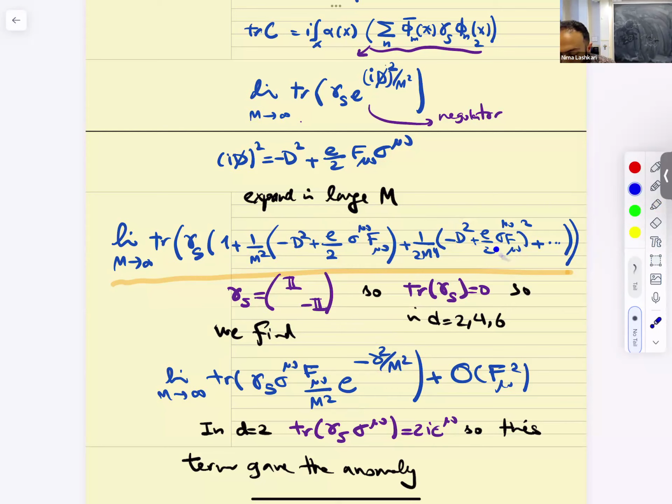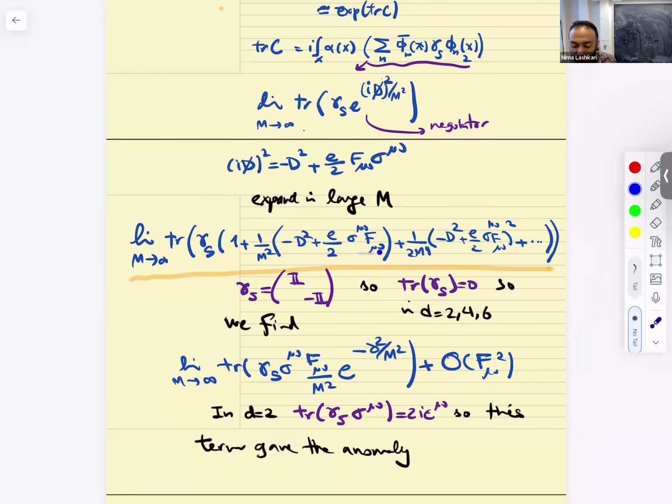If I expand it, there will be an F_{μν} term. The terms that come from the expansion of all of these expressions with the D squared removed resum to this term. Wait, is that? Yeah, no, that's correct. Because the first order correction of this term is this. The second order correction of it comes from this term, and so on and so forth. Right?